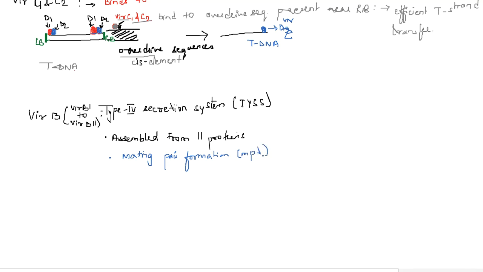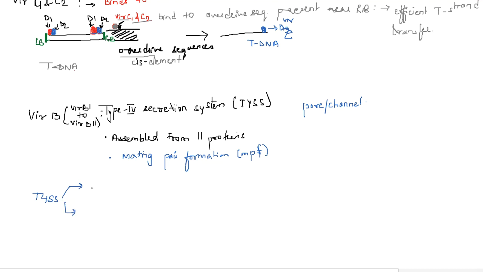Another thing is that this membrane spanning complex forms a pore or a channel through which the tDNA will enter into the host cell. And this T4SS is composed of two components. What are the two components?